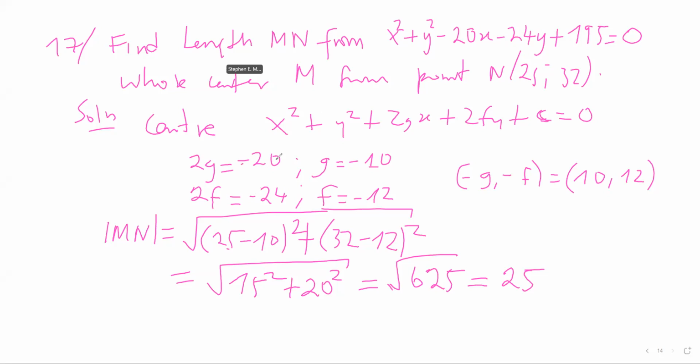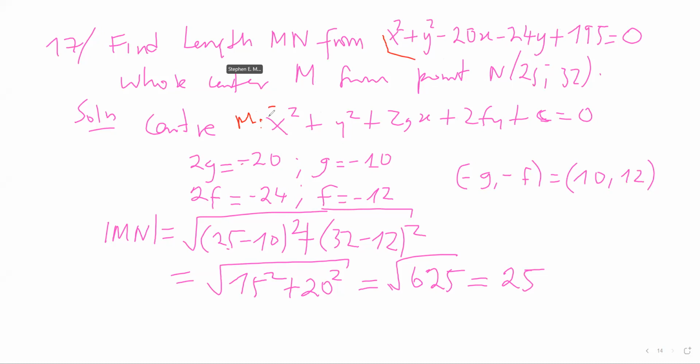Okay, so next we want to find the length MN, where the circle x squared plus y squared minus 20x minus 24y plus 195 is equal to 0 has a center M, from the point N. So the center M is what we want to find first.